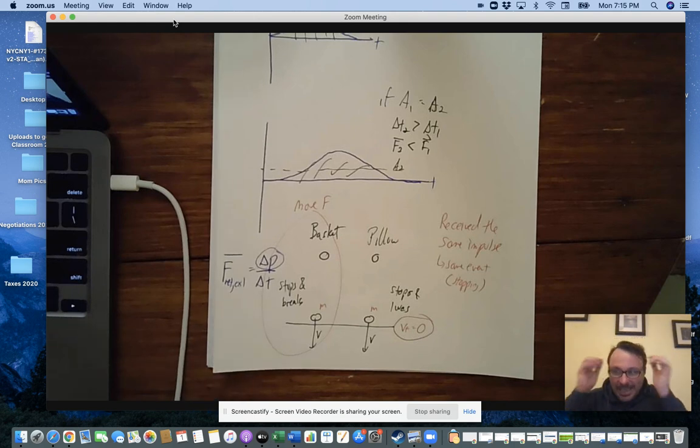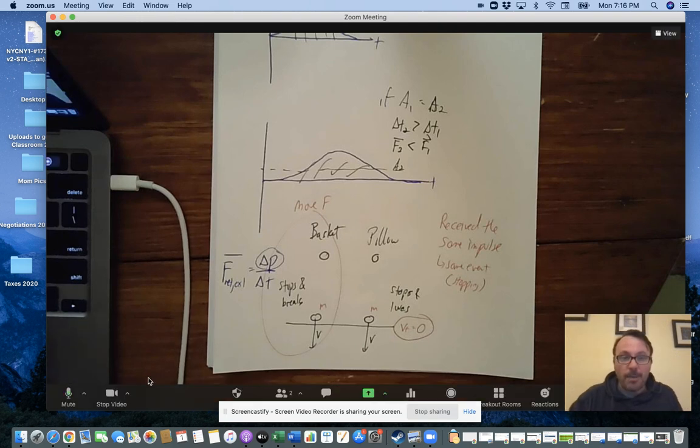And that is a key idea: when the same change is going to occur in the motion, the longer the time to do that change, the less force that's required to do that change. So I want you to think about other examples of that being true, and those examples are going to be the work that we're going to do together in discussion at the end of the week.